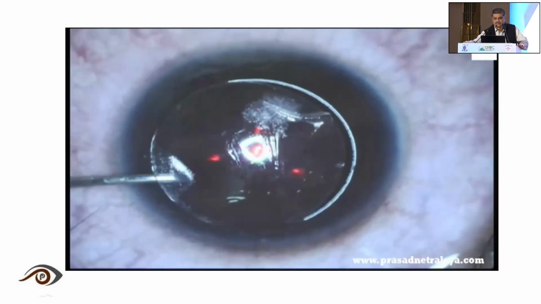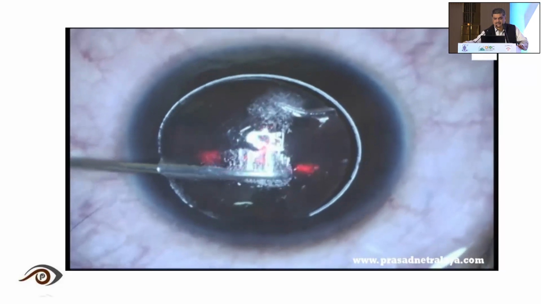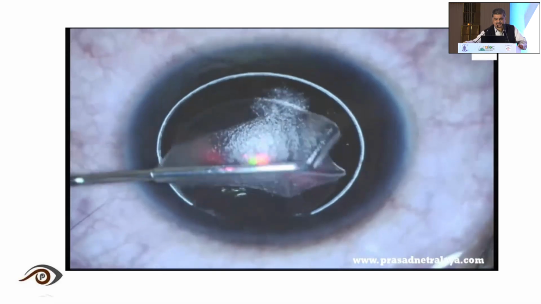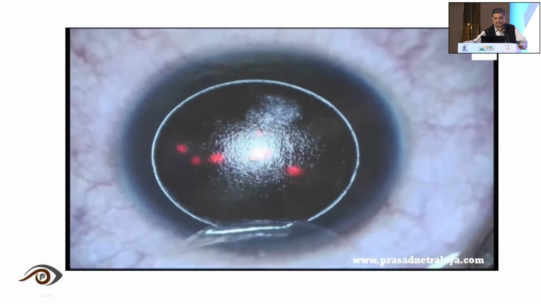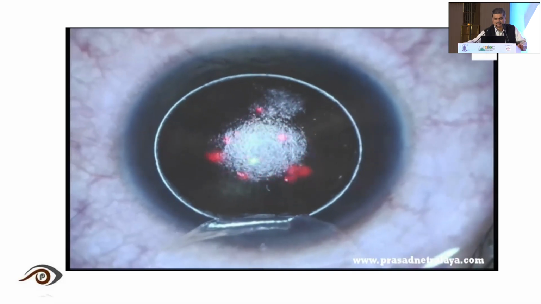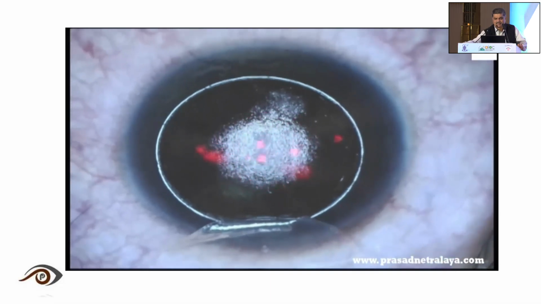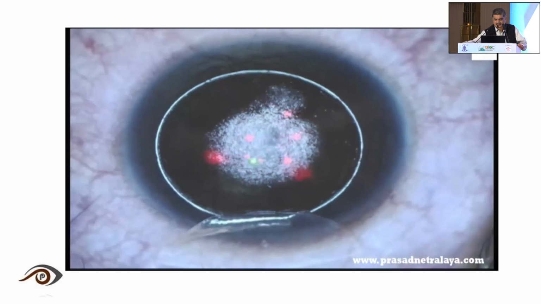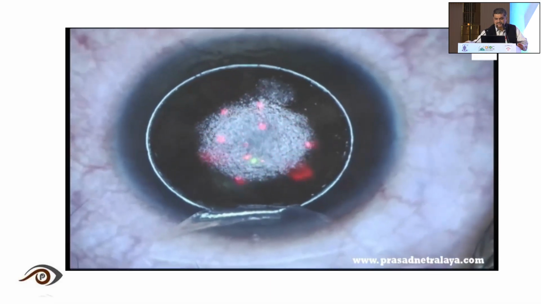Most of the treatment is planned by the software only, unless the patient is too old, then you may have to make a little adjustment. So the procedure is as simple as how you do any refractive procedure. Lift the flap, do the excimer treatment, and put back the flap. So very easy.